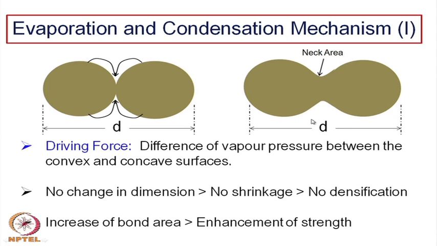So, more material will be evaporated and come here, and the contact area will grow automatically, and this will be flatter and flatter till the pore shape is also getting changed. As you can see, the corners are getting reduced, it is becoming less concave, and the radius of curvature is also going to change.